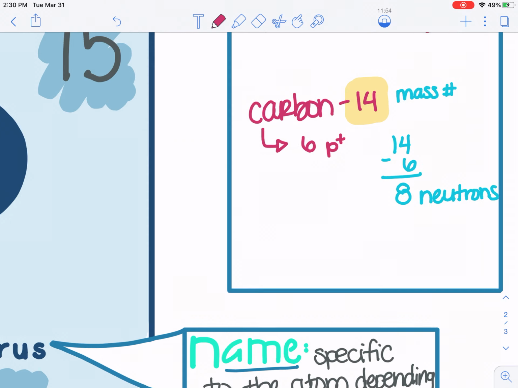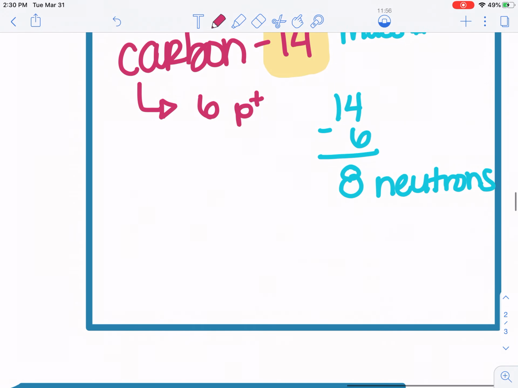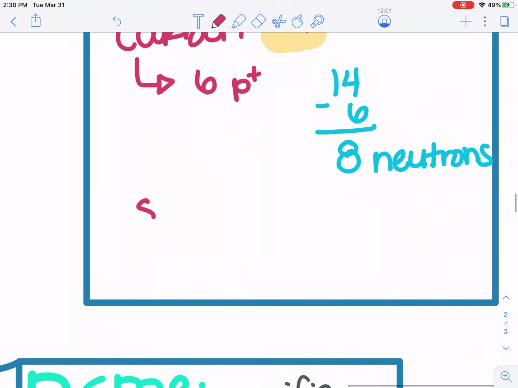Another example would be if we had an atom of sulfur that had a mass number of 32.